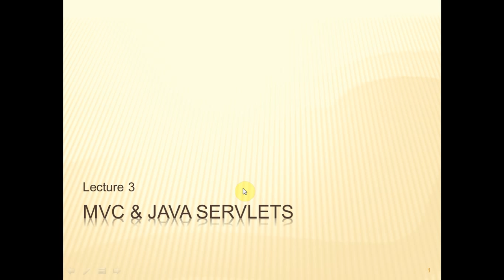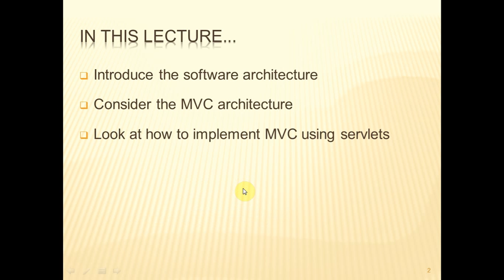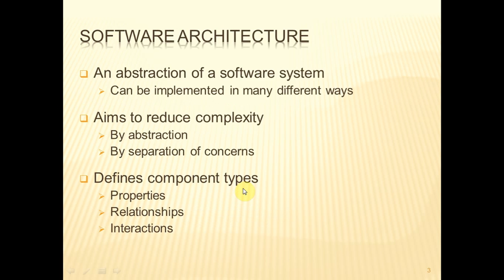The topic of today's lecture is MVC and Java Servlets, which is going to allow us to use Java Servlets in a structured way to provide an architecture for our internet applications. The idea of a software architecture is that it provides for us an abstraction of a software system.